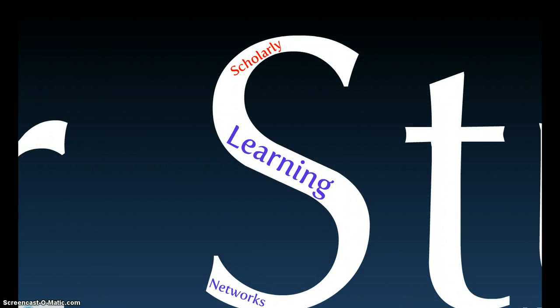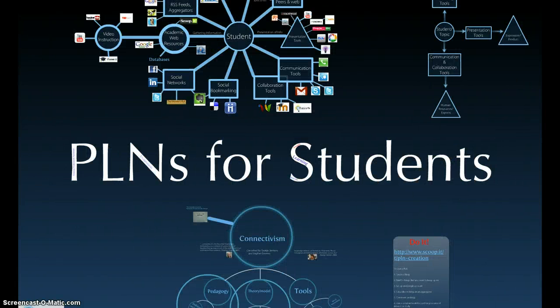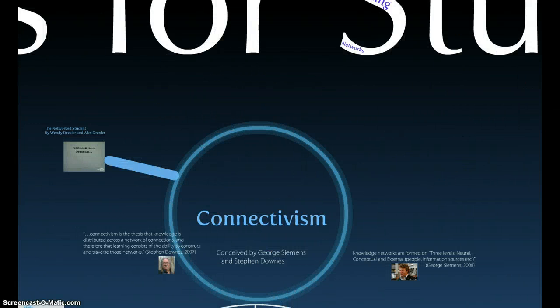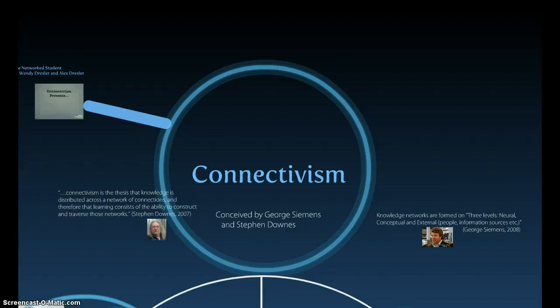And because the study here in particular is for students, I like calling them scholarly learning networks, which differentiates them from the professional learning networks, which are slightly different in a different context. So PLNs are supported by the theory of Connectivism, which is a relatively new theory conceived of by George Siemens and Stephen Downes.